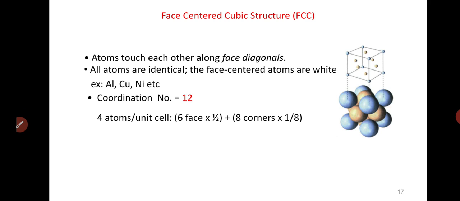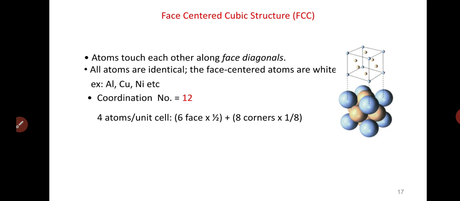In the FCC structure, that is face centered cubic structure, there are 8 atoms at the corners and there are 6 faces. So there is one atom at the center of each face. So therefore there are additional 6 atoms.